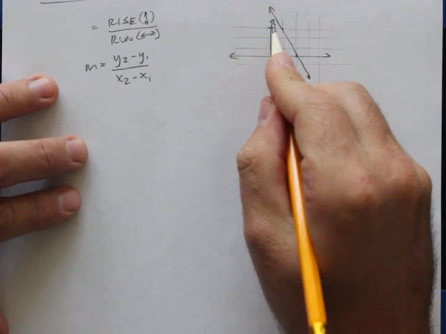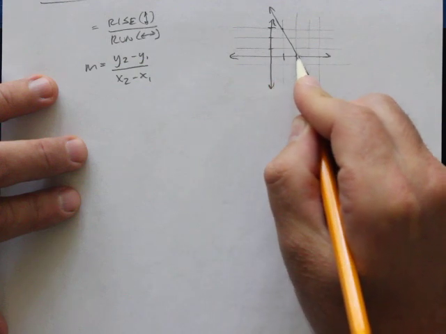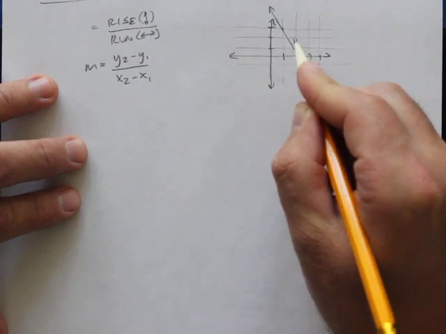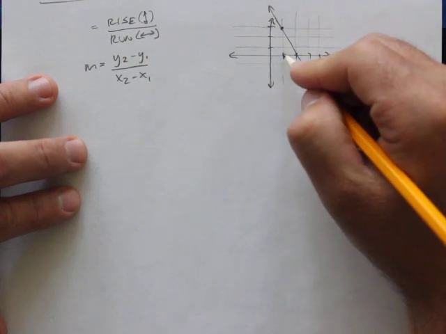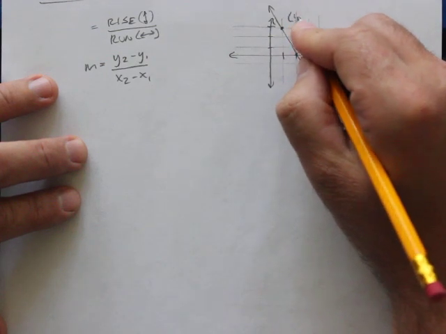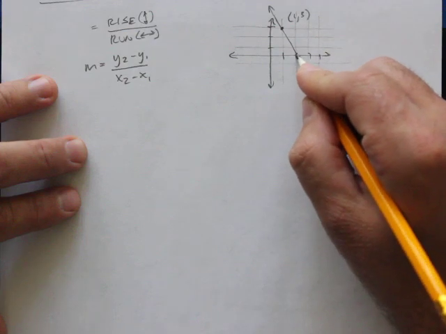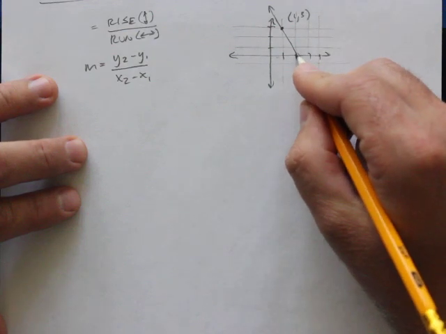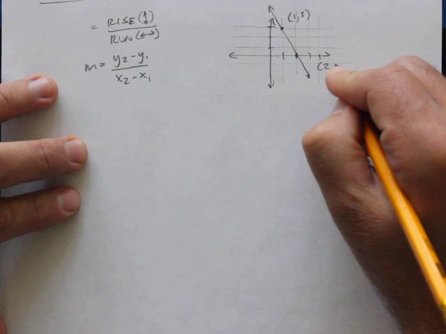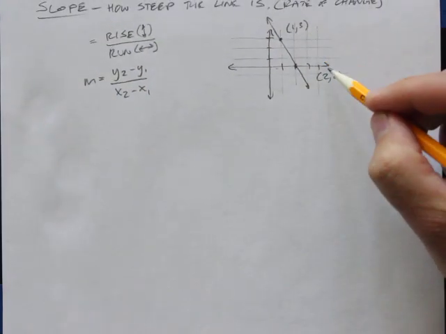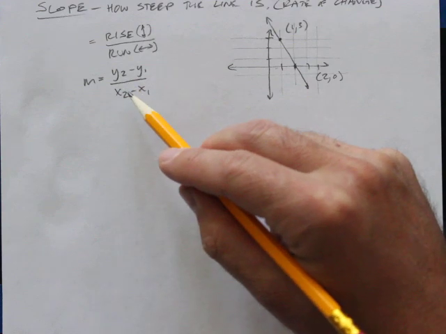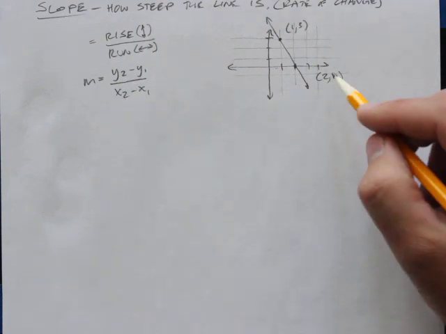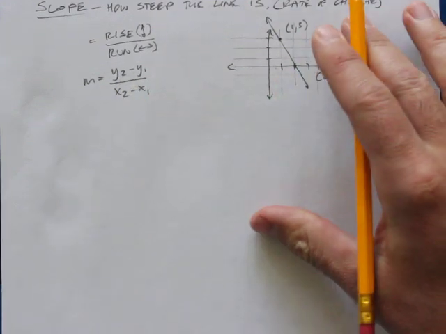So I can clearly see that there's a point right here that is 1, 3. And I can clearly see that there's a point right here that is 2, 0. Now, I've got these 2 points. I could label them x1, y1, and x2, y2, and I could find the slope using this formula.